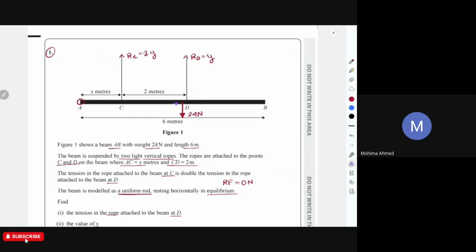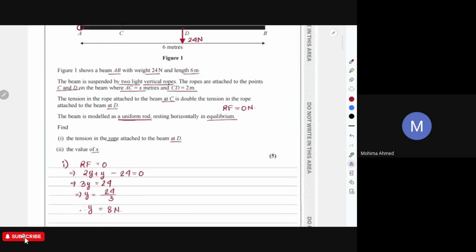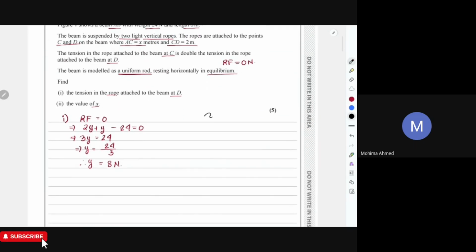Only this 24 Newton will make the beam move in the clockwise direction, right? So in that sense, your total moment anticlockwise is equal to the total moment clockwise, right?